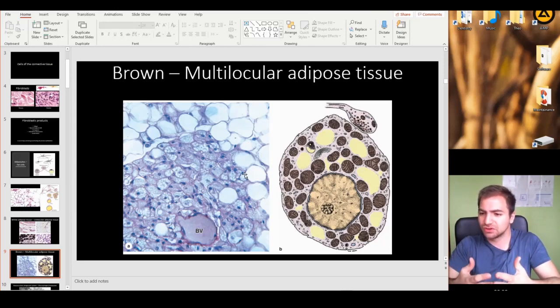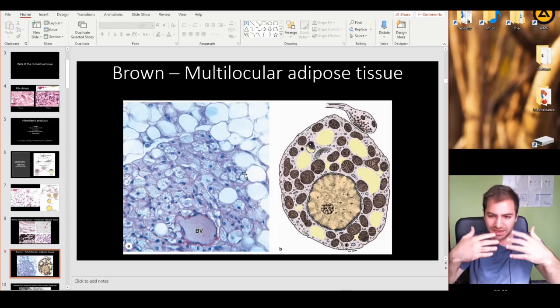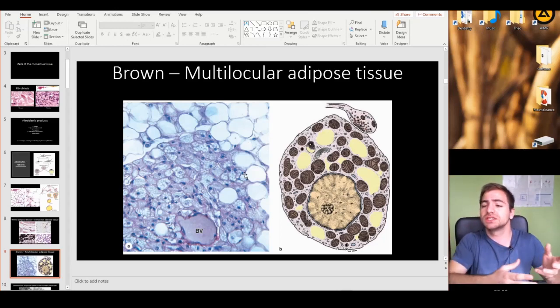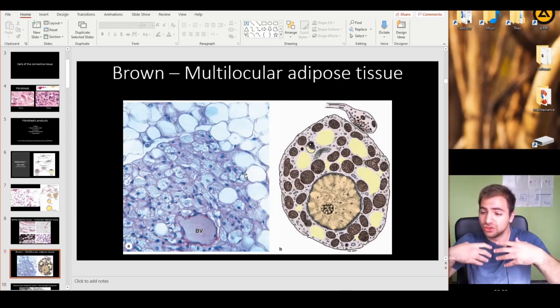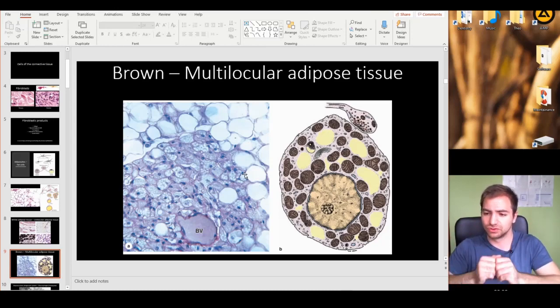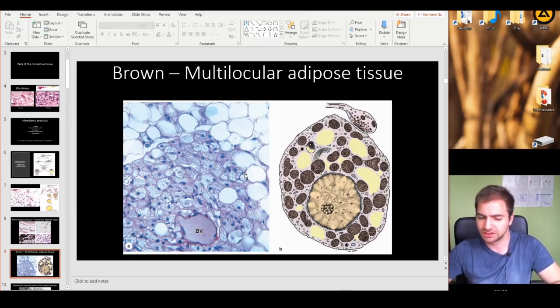In this case, the mitochondria contain unique proteins called thermogenins, and the name is perfect to describe exactly what it is. Thermo, again heat, and genis, to produce. So this is exactly the protein that produces heat using this difference of the H protons, the difference in the protons in between the two sides of the mitochondrial membrane. So again, the function here is thermogenesis.